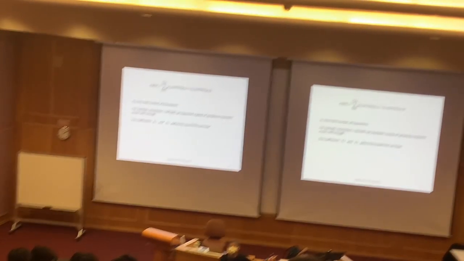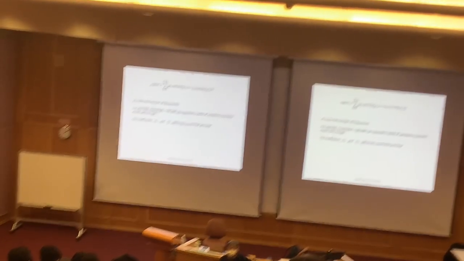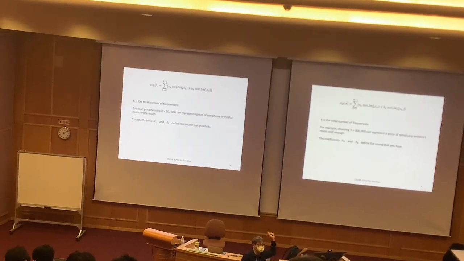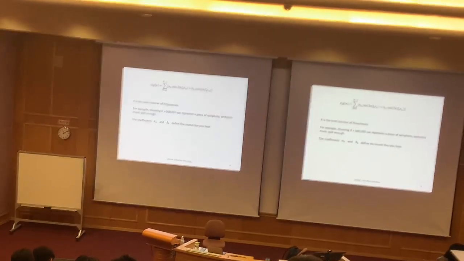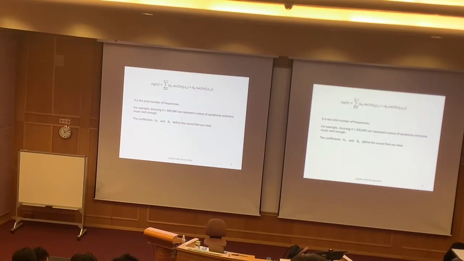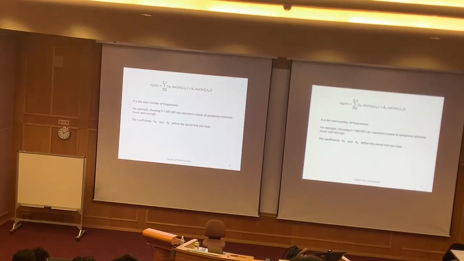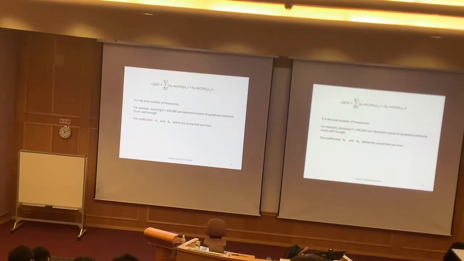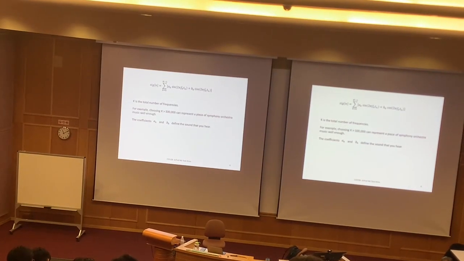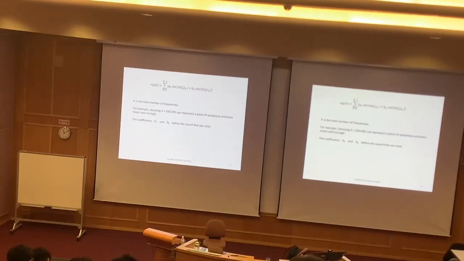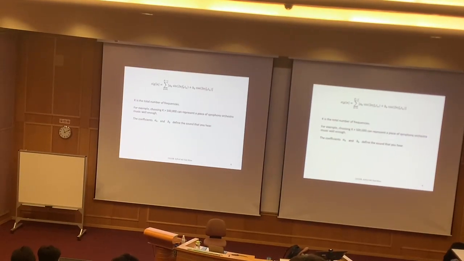So this is a very important statement, although it's just like that. And the whole game about frequency analysis is to be able to find out what is the AK and BK for any signal that you're given. And the way to do it is to do something called Fourier analysis.